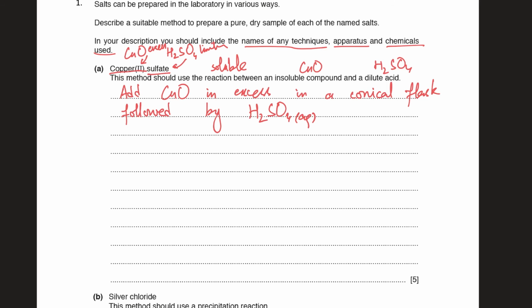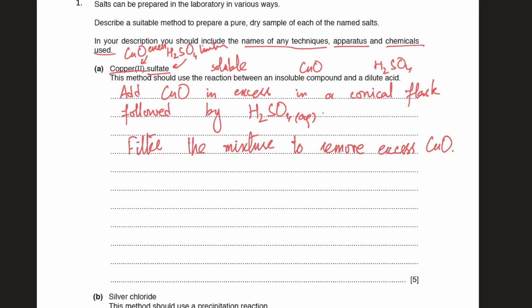Alright, so now they will react and then we have to filter the thing. Then you can say filter the mixture to remove unreacted or extra or excess solid, which was copper 2 oxide. And then once you've removed it, obviously you have the filtrate.